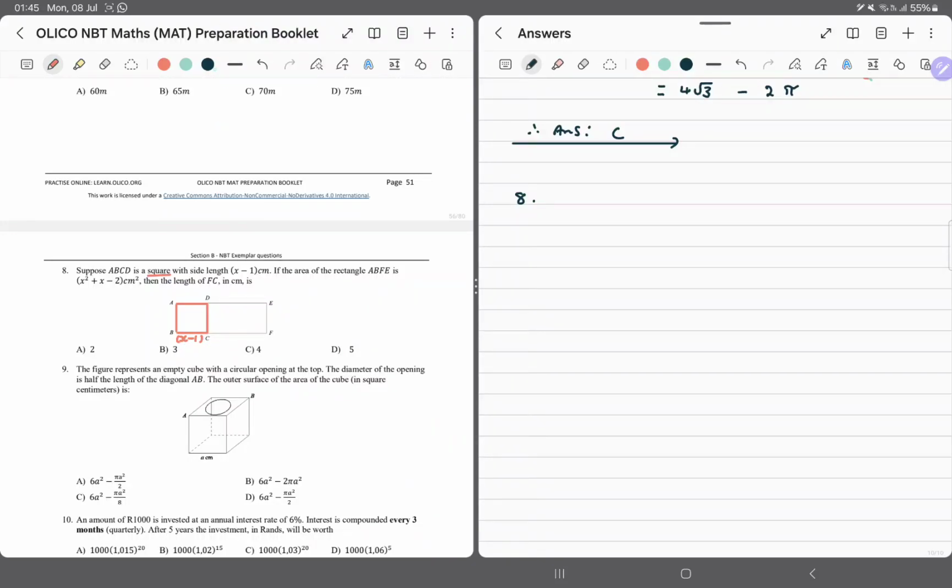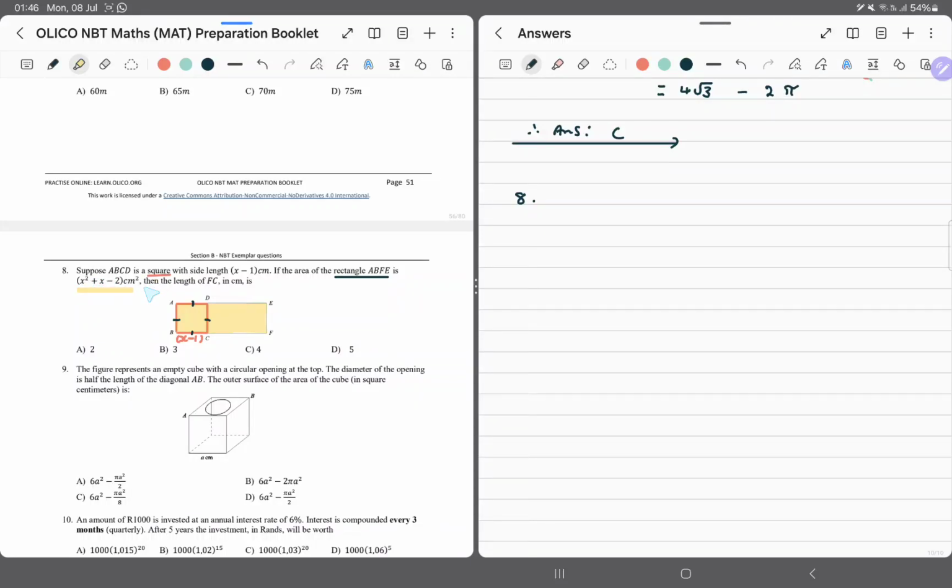Okay, so since we know that if this is a square, all the sides are equal, so we don't need to show that. Okay, now we're told here that if the area of the rectangle ABFE, the entire rectangle, so this is essentially the entire rectangle, is given by this expression.